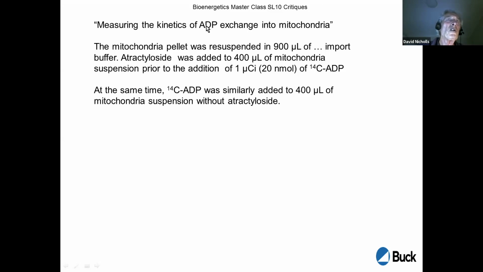So what you do, you measure the exchange kinetics of ADP across the membrane, and you can do that in the presence and absence of atractyloside, which is a potent inhibitor of the adenine nucleotide translocator. And so you took paired experiments, you add the ADP to mitochondria, with and without atractyloside.